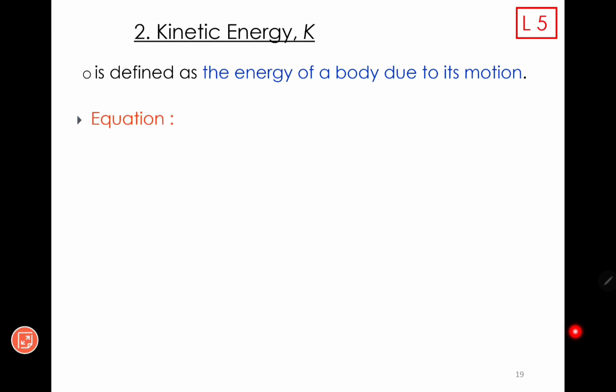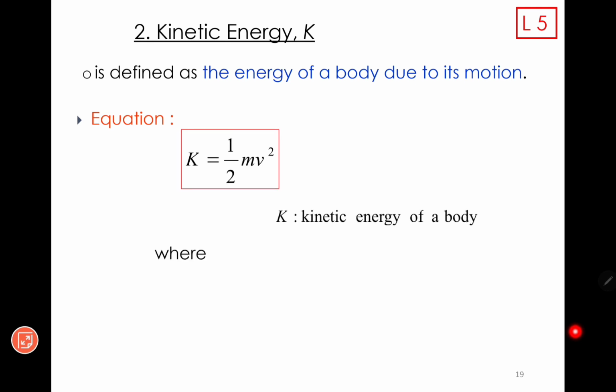The equation is K equals half mv squared, where m represents the mass of the body and v represents the speed of the body. Remember, kinetic energy is also a scalar, so we don't have any direction. We are talking about magnitude only.